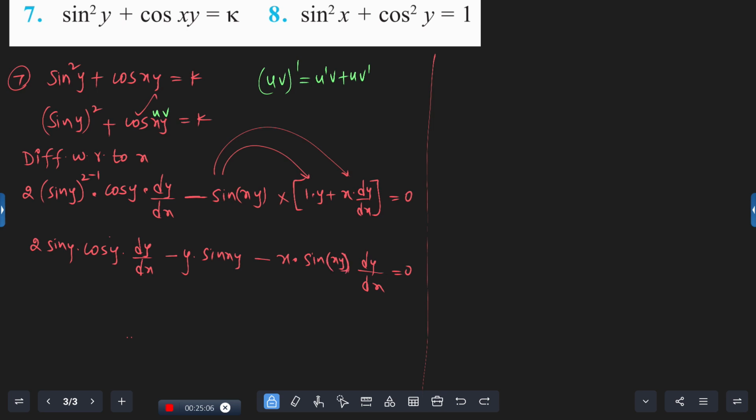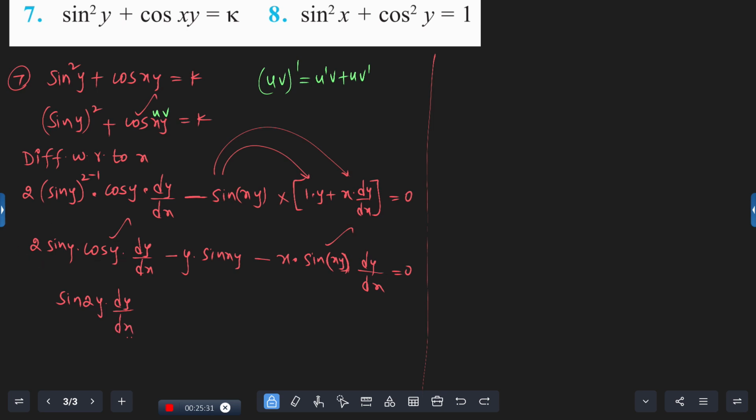Now your work is what? The dy by dx term on one side, the other terms you send to the opposite side. And if you want to write the formula, what is it? Yeah, very good. Sin 2y. So sin 2y into dy divided by dx. This one I'm writing as sin 2y.